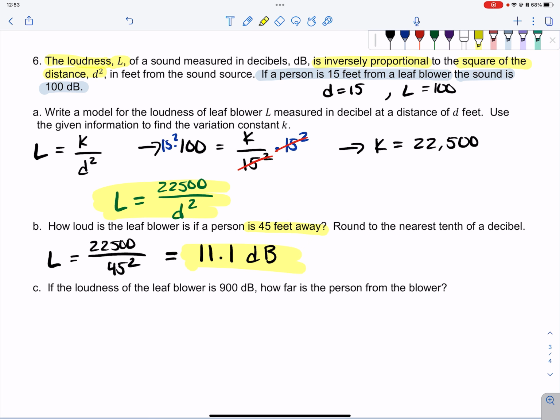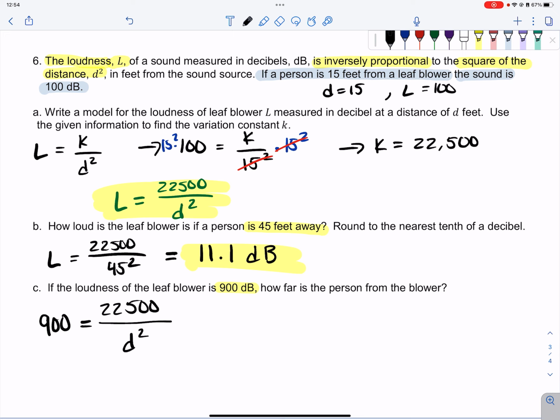Lastly, if the loudness of a leaf blower is 900 decibels, how far is the person from the leaf blower? Now we have been given the loudness L, and we need to solve for the distance D. So our equation is 900 equal to 22,500 over the distance squared.